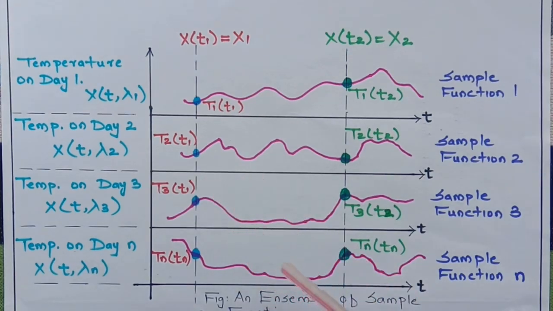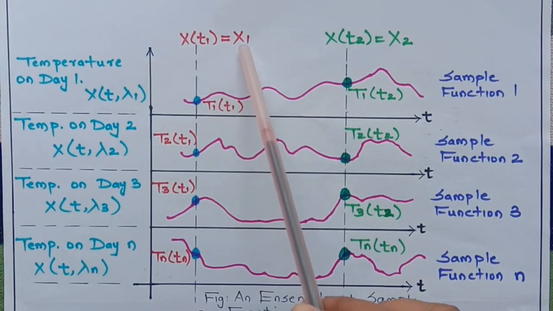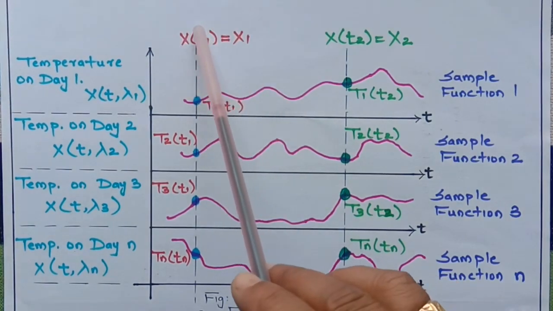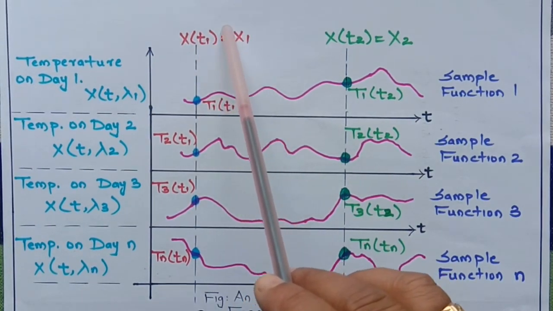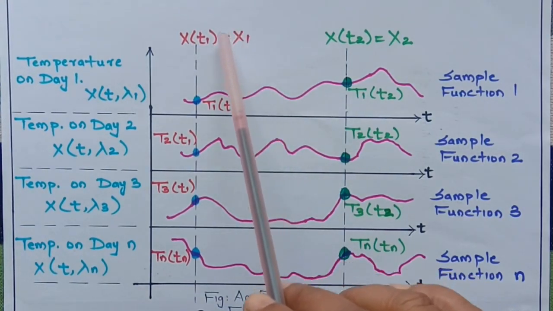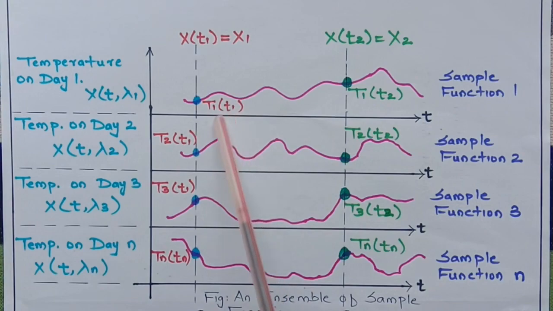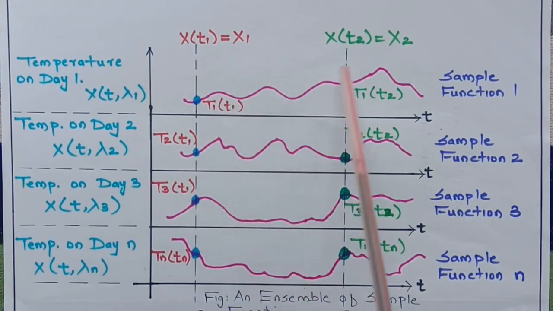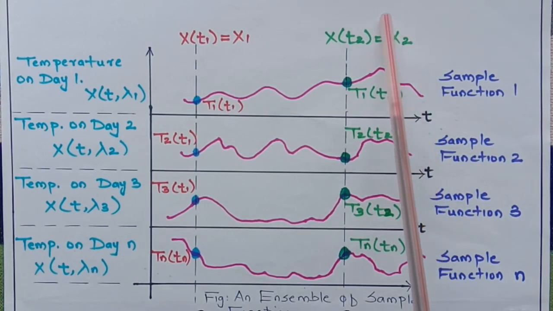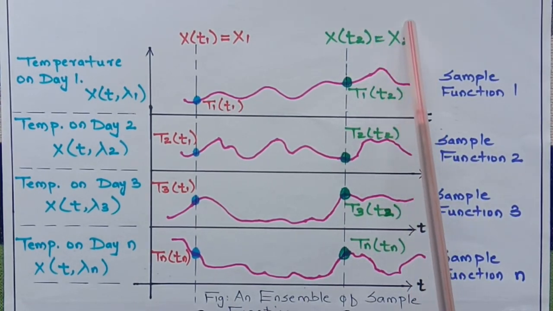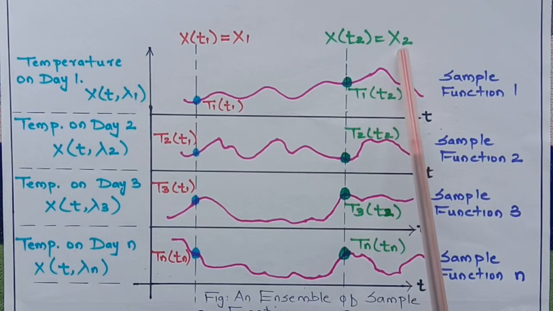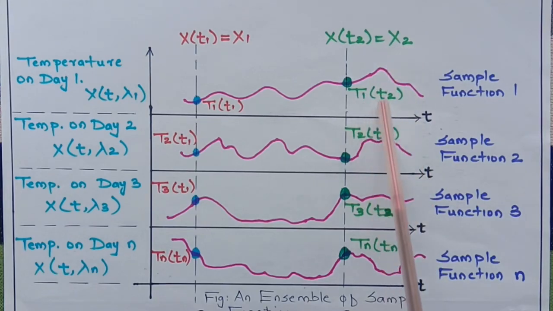So remember that x1 is nothing but x of t1. Over here x1 is a random variable which is generated by the amplitude of this random process at instant t1. And similarly x2 is also another random variable which is generated by the amplitude of the random process at instant t2.